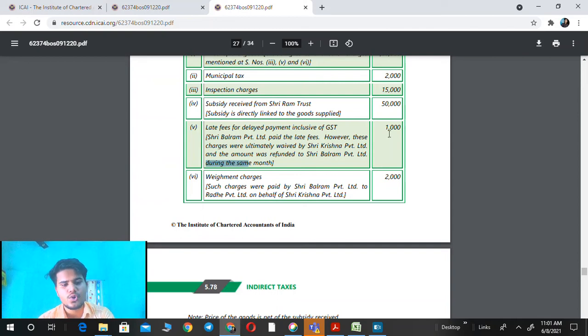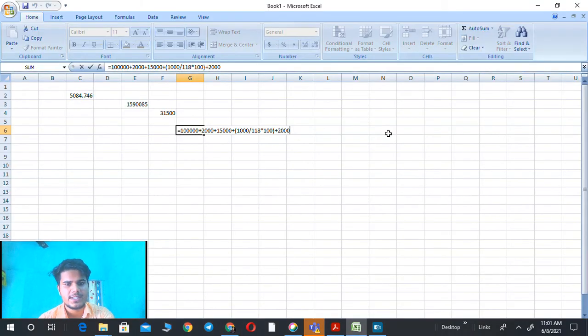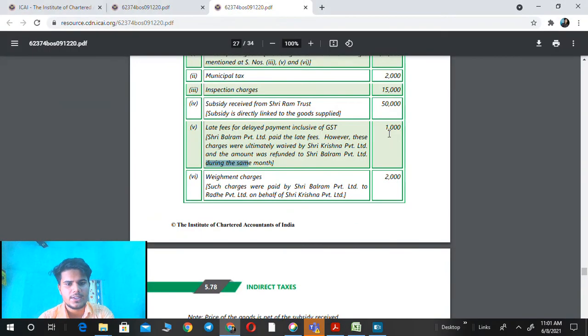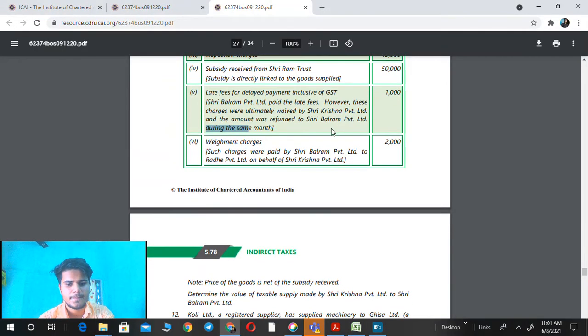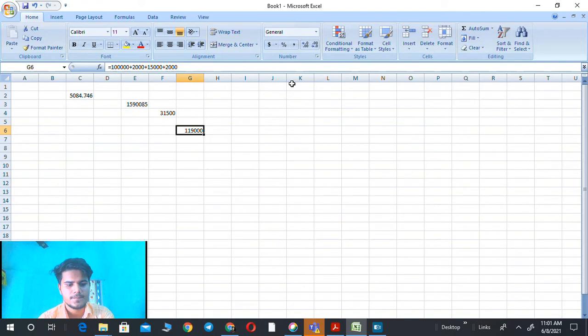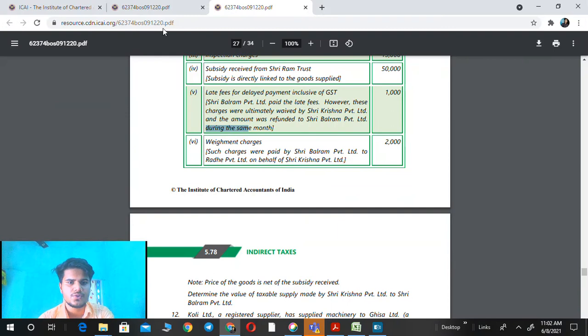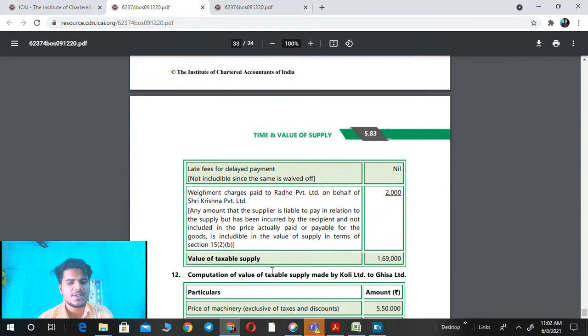So 1,000 should not be part of the transaction price, so please correct it. 1,19,000. And we forgot the 50,000 subsidy amount also, so 1,69,000. So the transaction price is 1,69,000.